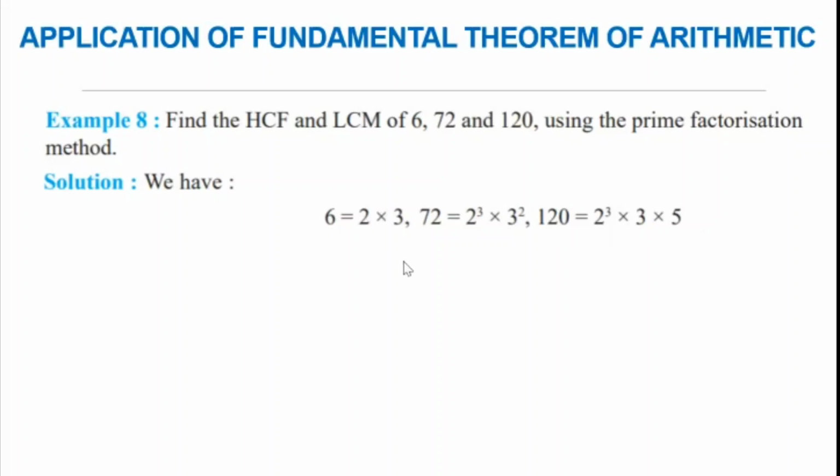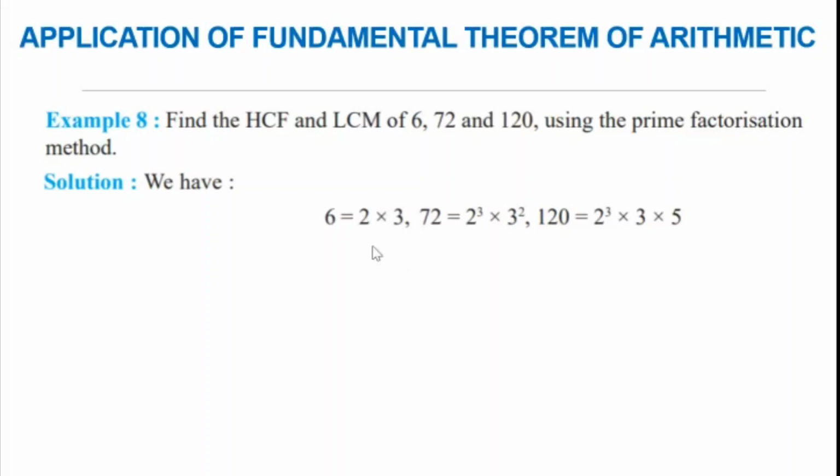Now, when we're finding out the HCF, we take the common factors of all these three numbers and we take their least power. Remember, while finding out the HCF, we take the least power of the common factors and multiply them.